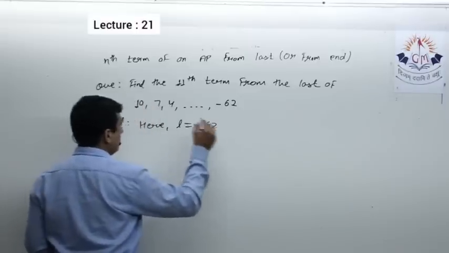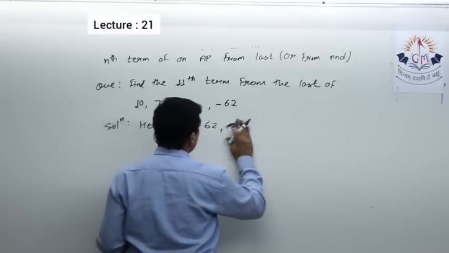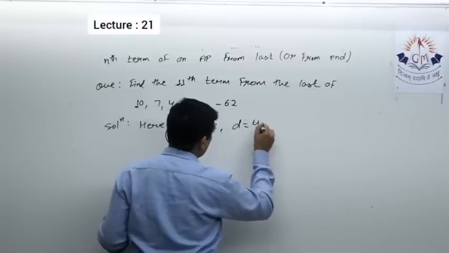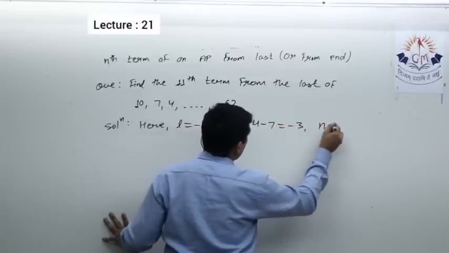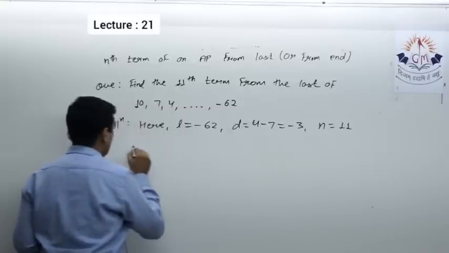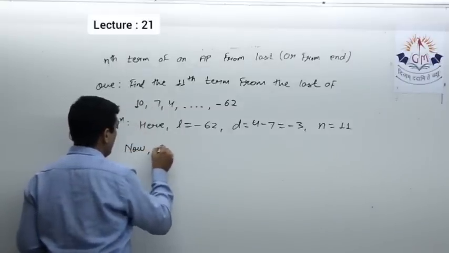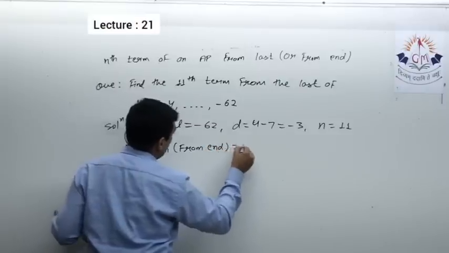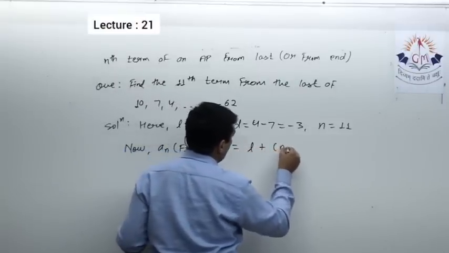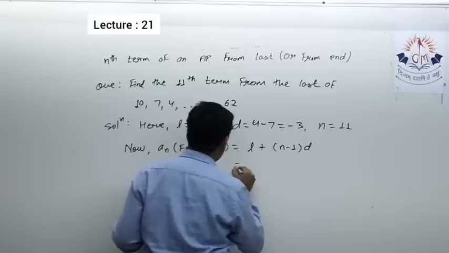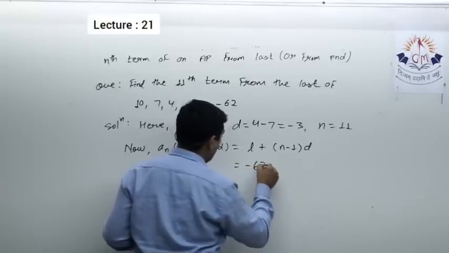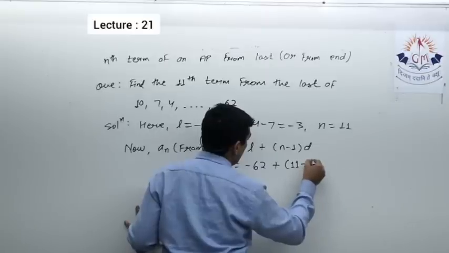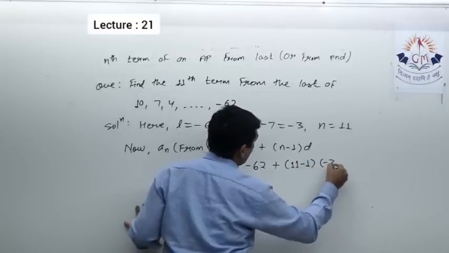So L is equal to minus 62, D is equal to 4 minus 7, that is minus 3, and n is equal to 11. So now an from the end is equal to L plus (n minus 1) into D. So L is minus 62 plus (11 minus 1), and D is minus 3.